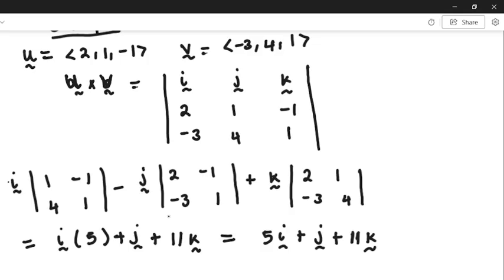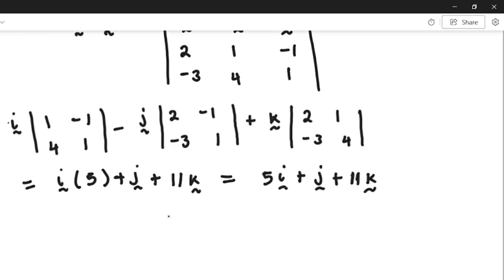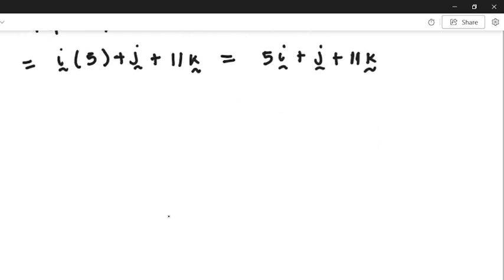Let's see what else we have. We have an alternative method of getting that, which is quite easy. You don't have to get I, J, and K separately.